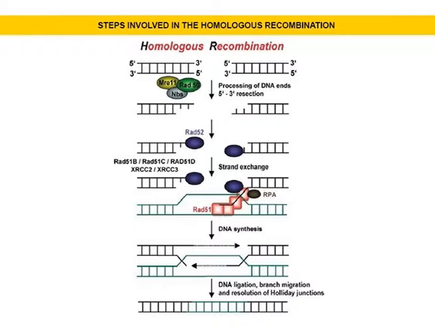Rad52 interacts with Rad51, provoking a DNA strand exchange with an undamaged homologous DNA molecule. Assembly of the Rad51 nucleoprotein filament is facilitated by Rad51 paralogs and BRCA2. The single stranded DNA is attached to a ring complex formed by Rad52. This protects against exonucleolytic digestion.